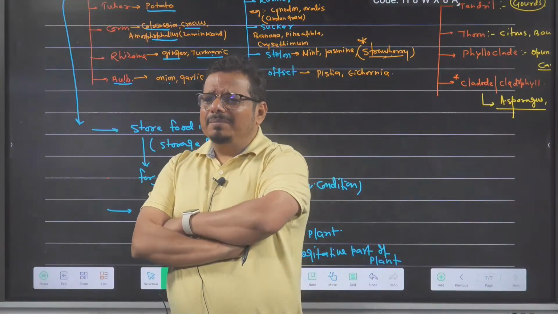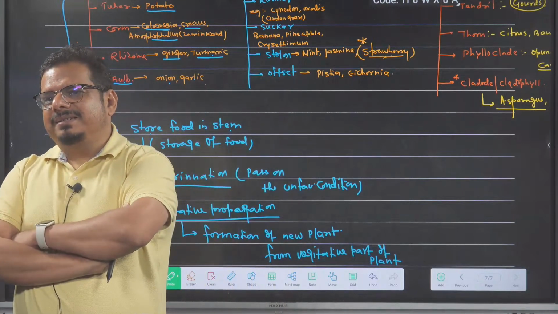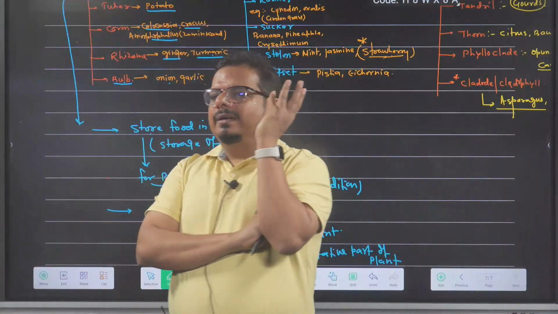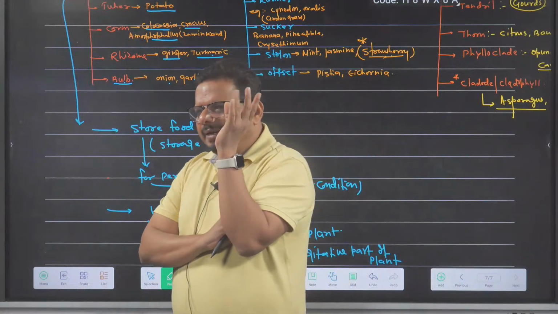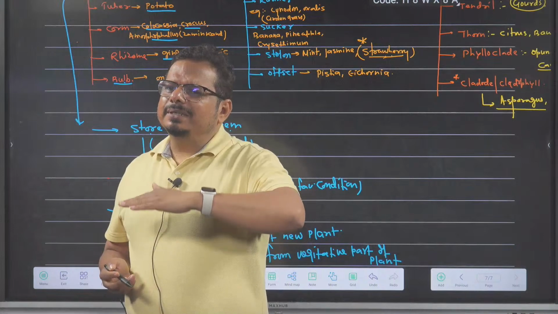When a lot of wind is there, dehydration also occurs. Sustainability problems are created. So cold, hot, dehydration, these are the problems that arise when you are present above the ground.